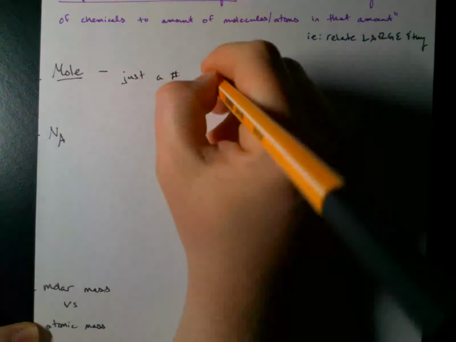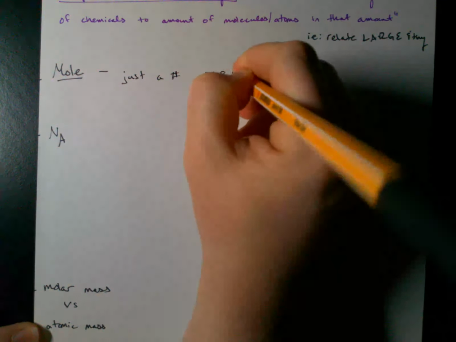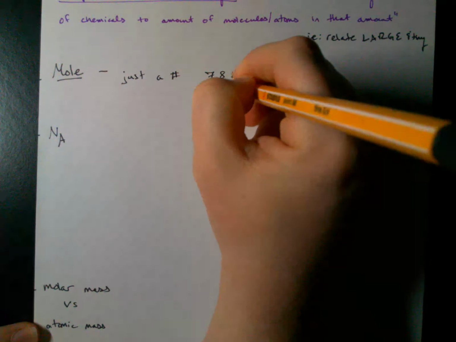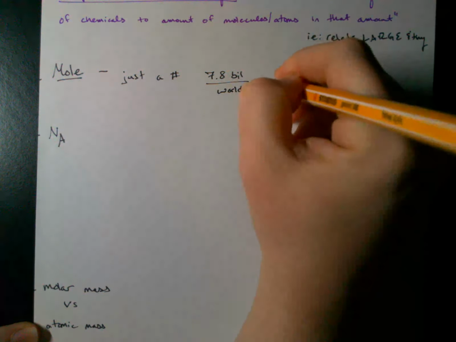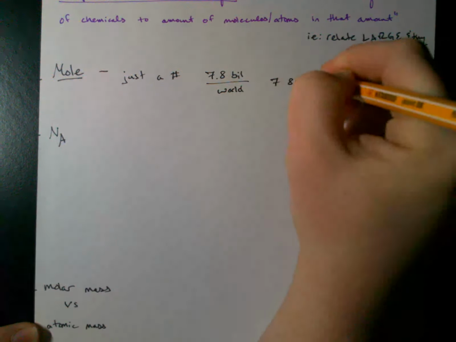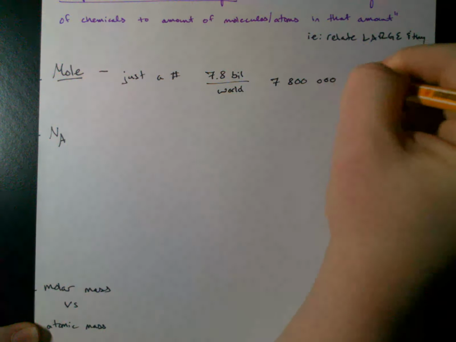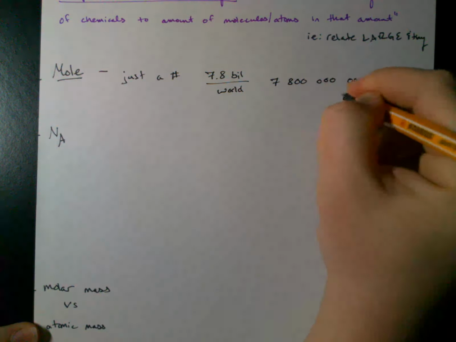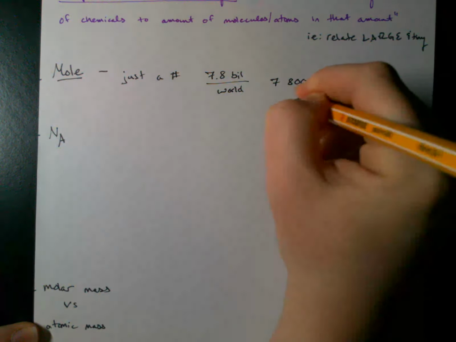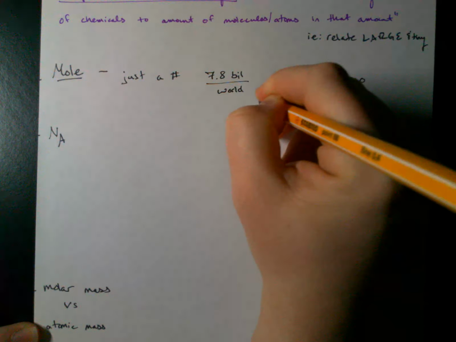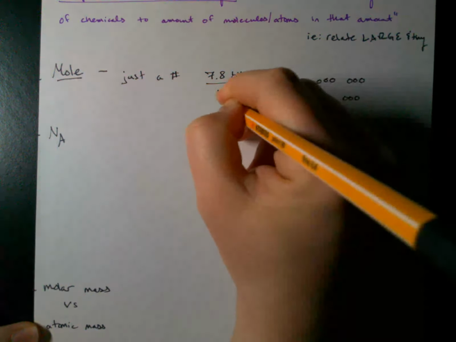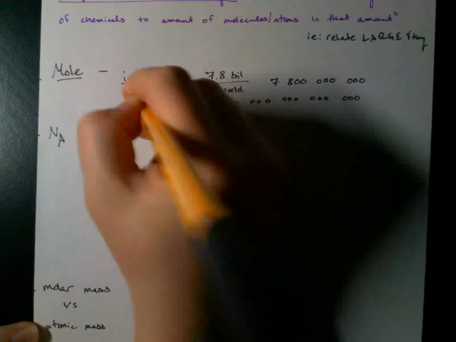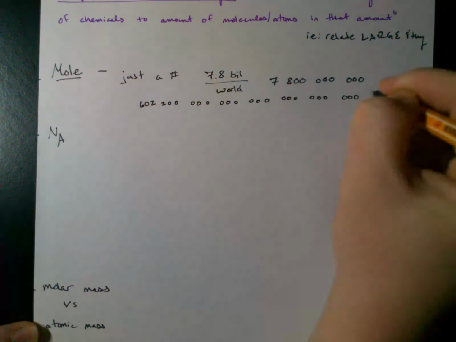Don't freak out. So if I were to give you a reference point, because it's so big, there are 7.8 billion people in the world. Okay? So if I were to write this out, that's how many people are in the world. This is a mole.